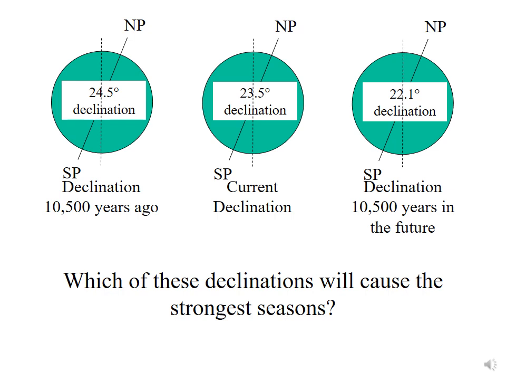And of course, the absolute largest seasonal differences that you could have would be if you had a declination of 90 degrees. And we do have one planet in our solar system that has a declination of 90 degrees.